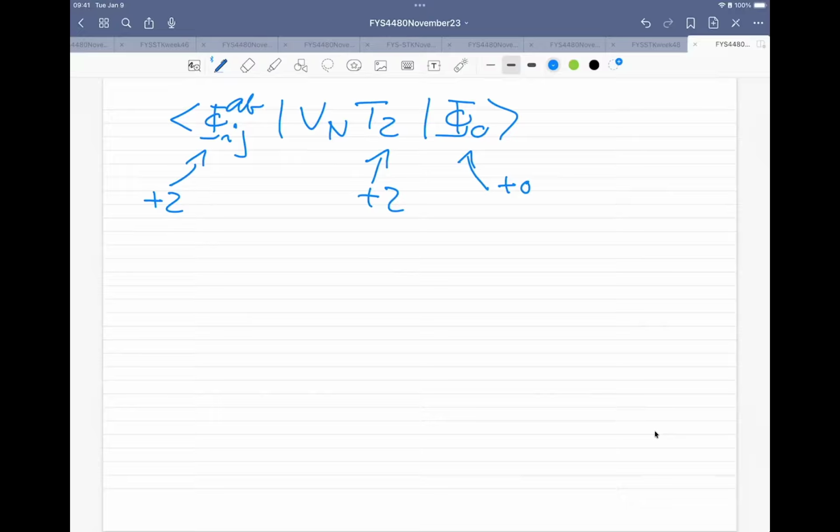So let's take a look at what we have then. So we start with this one, which now has acted on the ground state. So this is the specific state which we have here. And now we want to end in an excitation level of +2. So that means that when we match V of n, we have to have excitation level equal to 0.